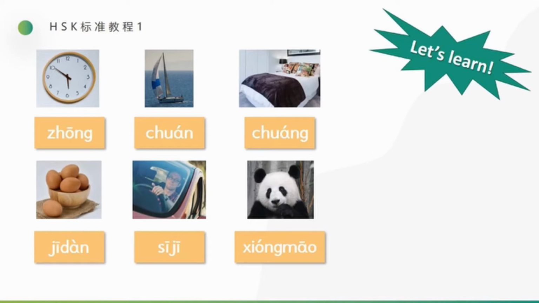And this one, 司机, it means the driver. 这是熊猫, the panda, 熊猫. These words we learned in last class.